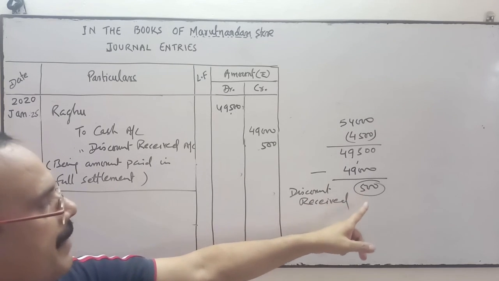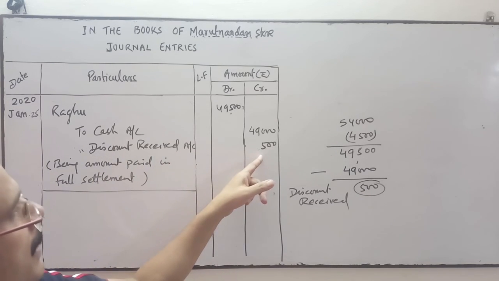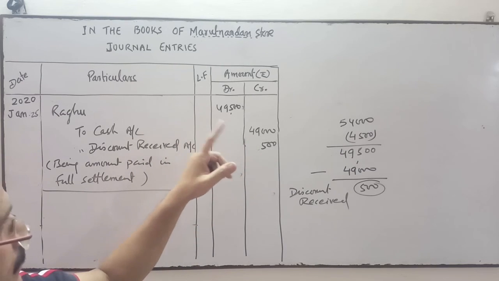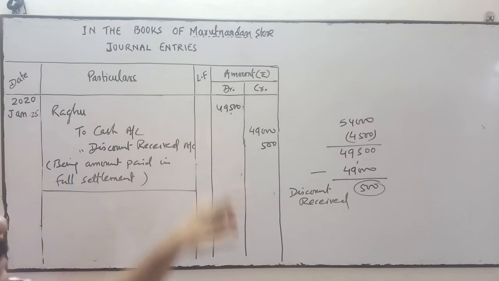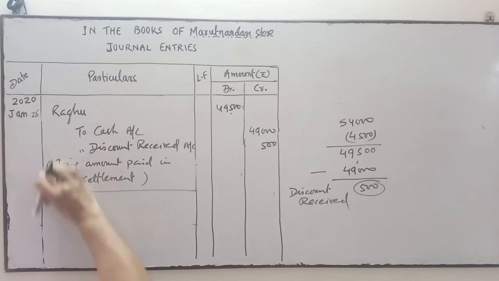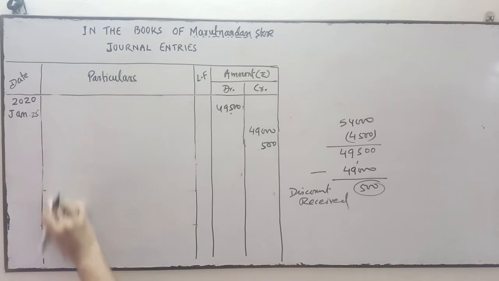It means 500 discount is earned by us. Discount received is our income, nominal account, cash goes out from business, and finally account of Raghu is settled of 49,500. Now see the next question.